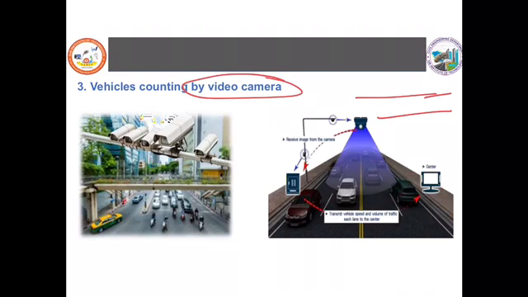Then you go back to your office and play that video, and you can note down the number of vehicles passing that particular point at a given interval of time. With the help of this video recording, you can have continuous data throughout the year and throughout the day. 365 days, 24 hours data can be collected with the help of these automatic counting methods.